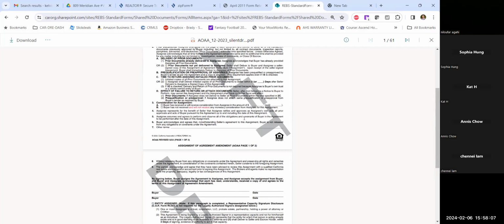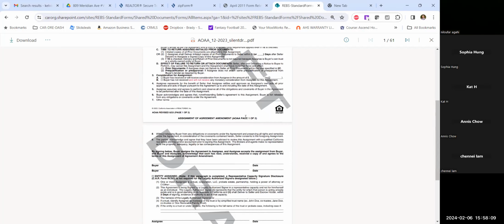So they have to be truthful. In this situation, the investor flipper should check box A, and I'm going to get $25,000 for assigning this to buyer B, who is some random stranger that the seller has no idea about. Maybe that stranger never even walked the property.